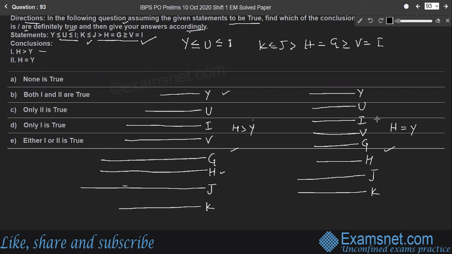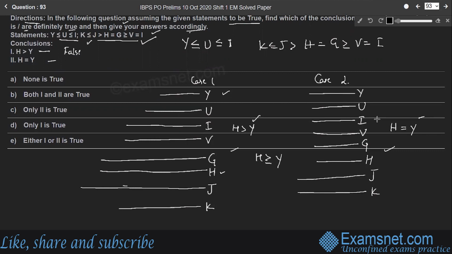But together, if you consider, h becomes greater than or equal to y, not greater than y. Only in case 1 can we conclude h is greater than y. But the given statement includes both case 1 and case 2. Therefore, we cannot conclude the first one, h is greater than y. Therefore, it's a false conclusion.